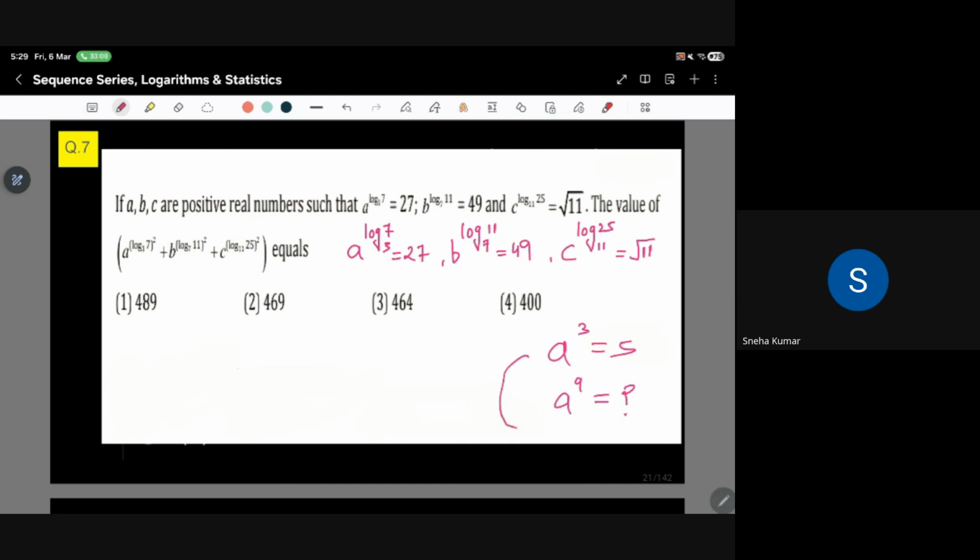In the first one, we take power 3 on both the sides, so it becomes the cube of the power. Similarly here, if this is given and I want the square of the power, what we can do is take both the sides to the power log 7 base 3.